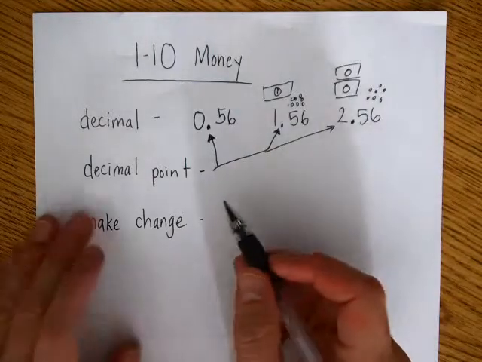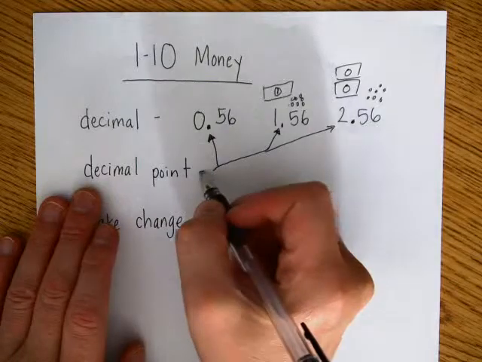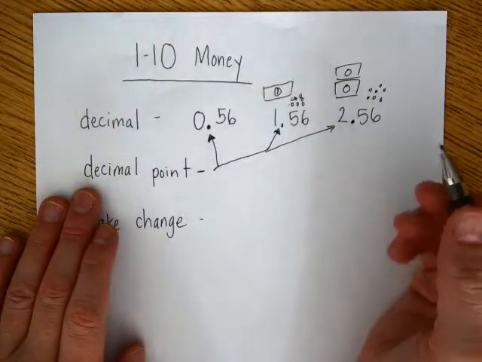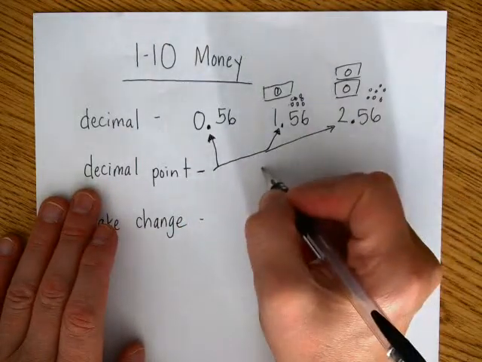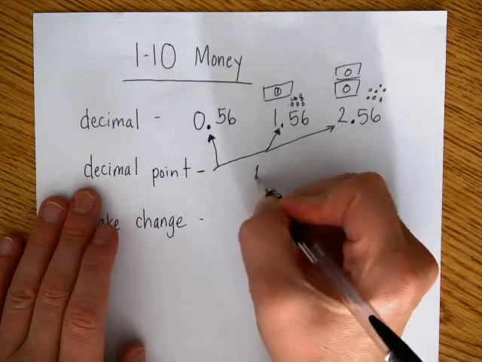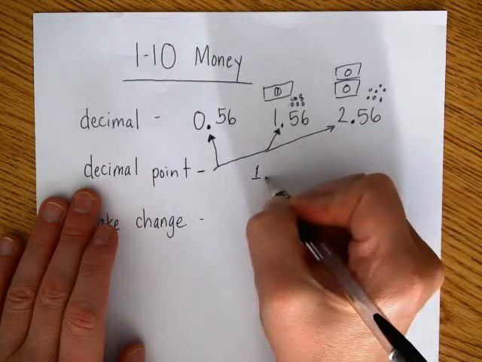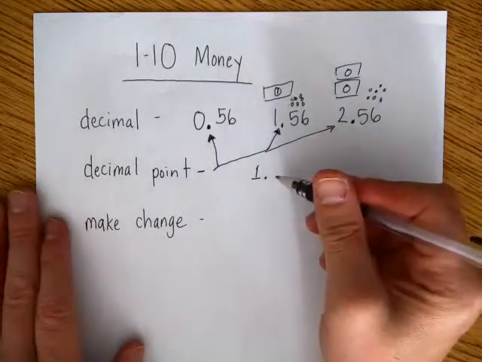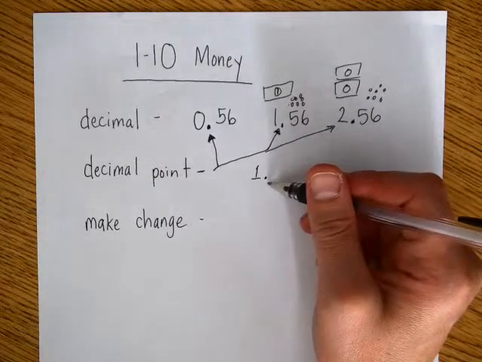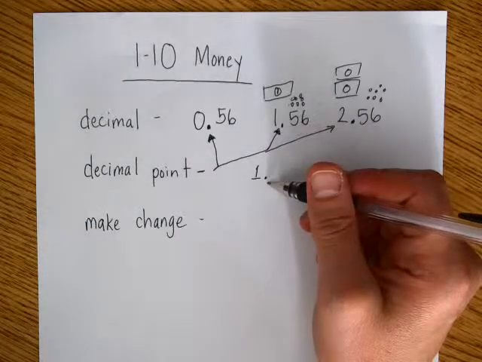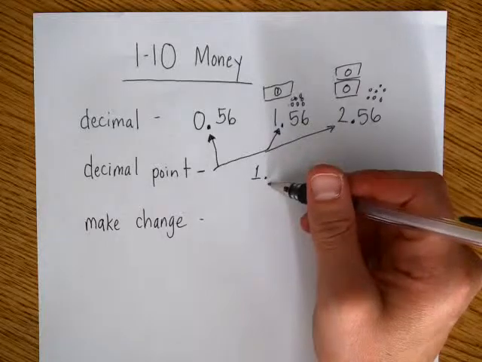Actually, in every single number, we can consider there's a decimal point. Even if we just have $1, let's say the number 1, there's actually an invisible decimal point after this number that we don't write. This will be important for you to understand, maybe not today, but later on.